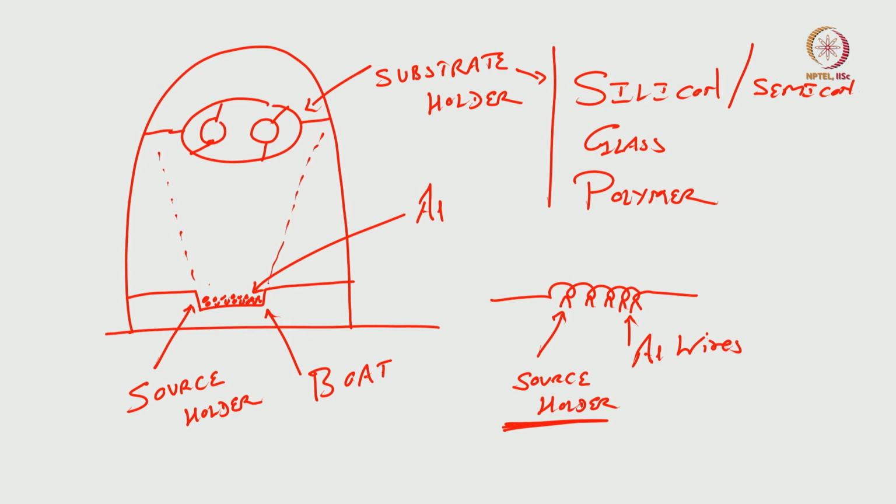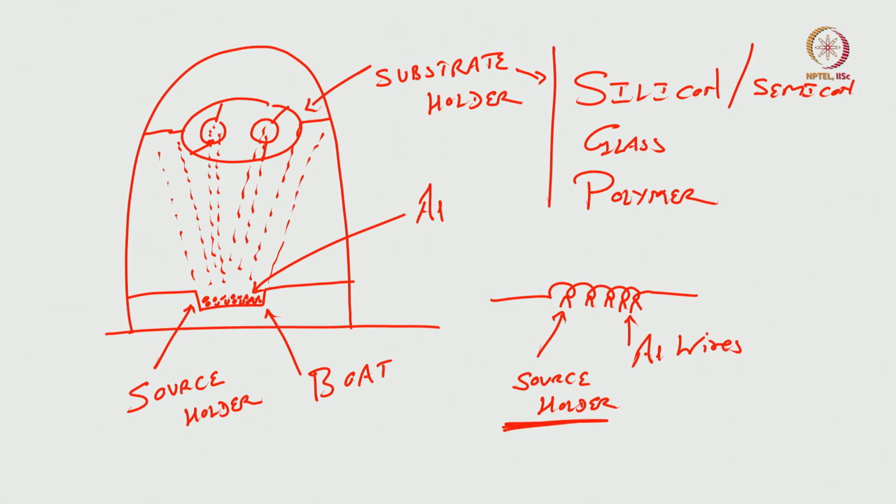When you want to deposit this material and it evaporates, first, this aluminum metal is in a solid structure, so we need to first melt it and then it starts evaporating.